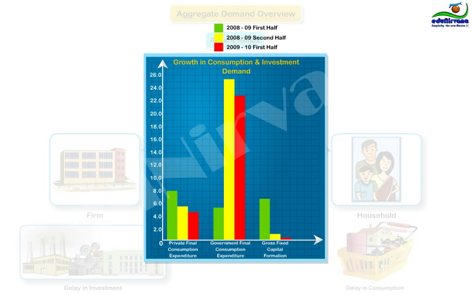Consequently, the growth in government final consumption expenditure increased significantly from 5.5% in the first half of 2008-2009 to a whopping 25.7% in the second half of 2008-2009 and 22.5% in the first half of 2009-2010, reflecting the expansionary fiscal response to the crisis.